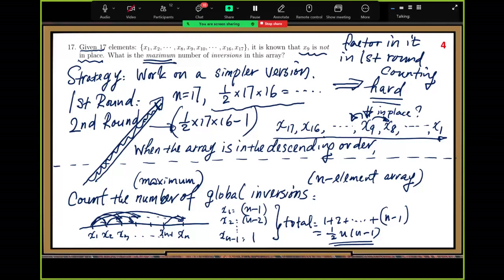Try your best to understand this whole process, because in the midterm I will give you a similar question, slightly different from this version. But you need to be familiar with all the details I explained here. First round, second round. You can see this strategy is quite effective, right?